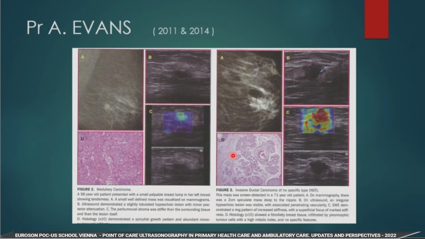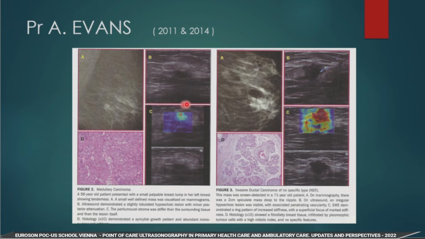He showed us a medullary carcinoma, with poor signs on the mammography, not evident signs on 2D echo, but here few modifications of the elasticity. It's a non-aggressive medullary carcinoma.